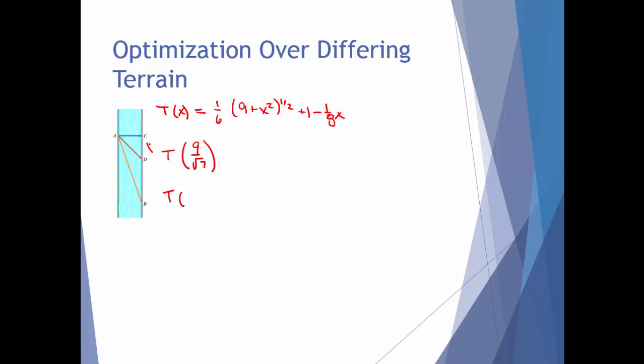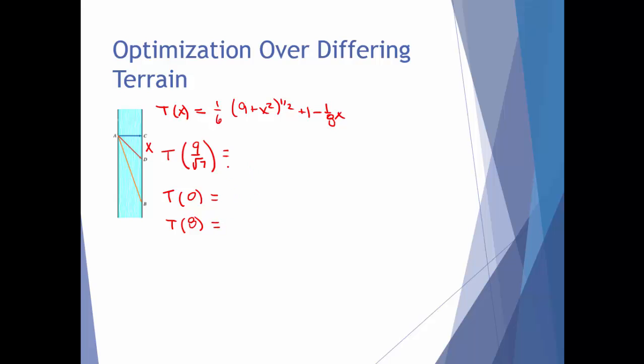And remember, this is what I have represented as x. Well, if she rows all the way across, this D is the same thing as C. In that case, x is 0. The other possibility was that she rowed all the way to point B, in which case this D would be all the way down here, and x would be the entire distance. It would be 8. So I need to check all 3 of these and see what kind of time I'm going to get.